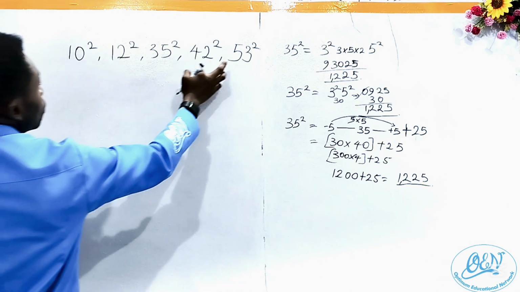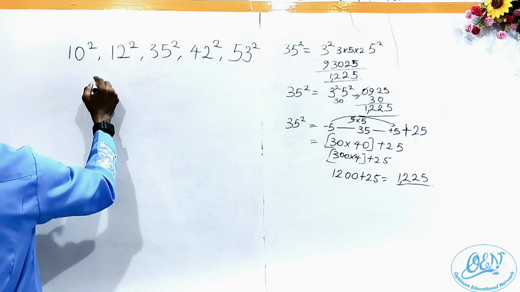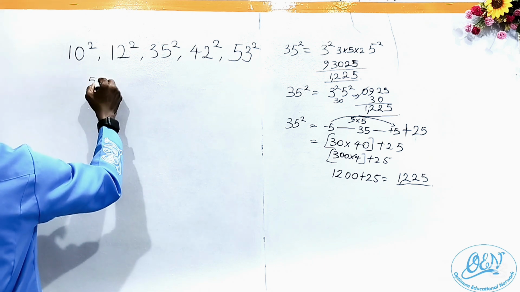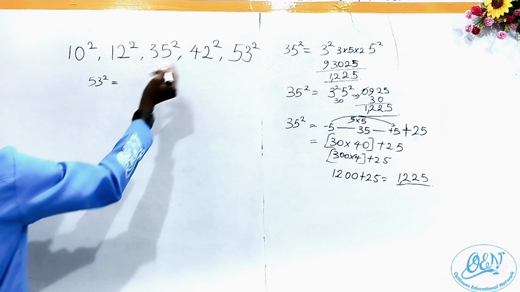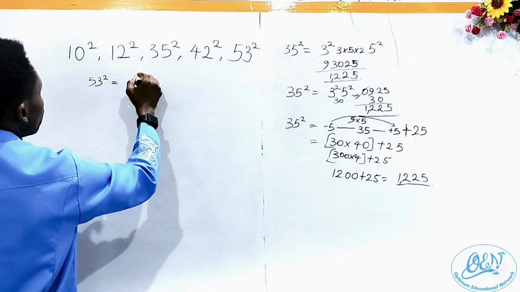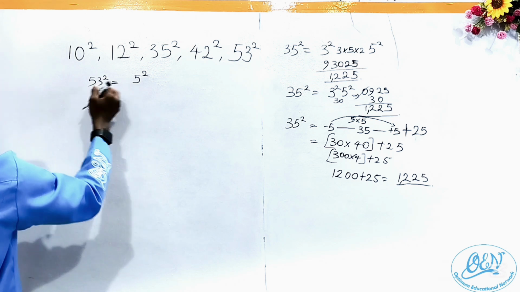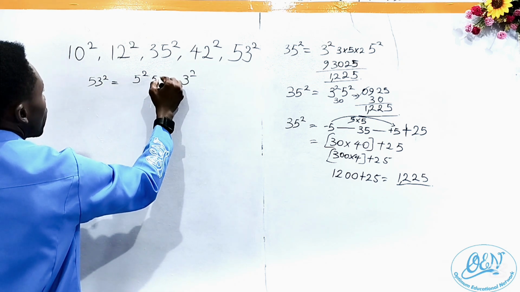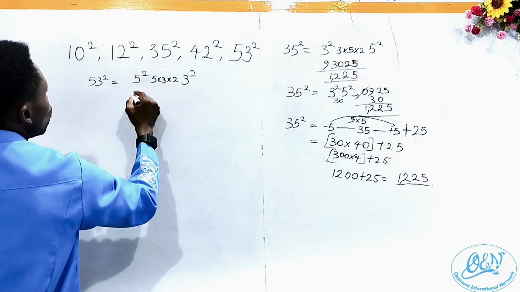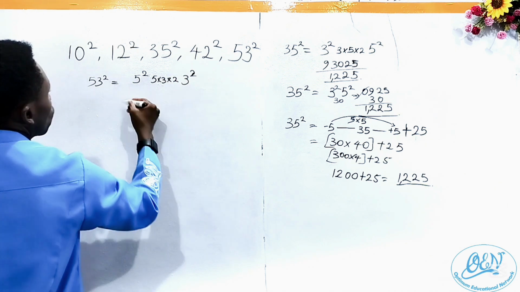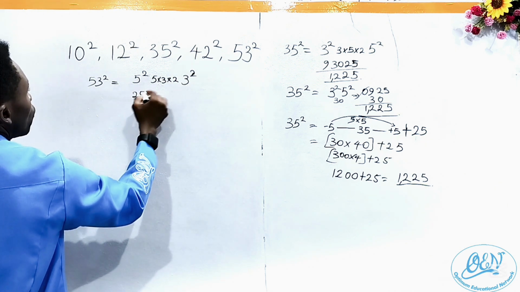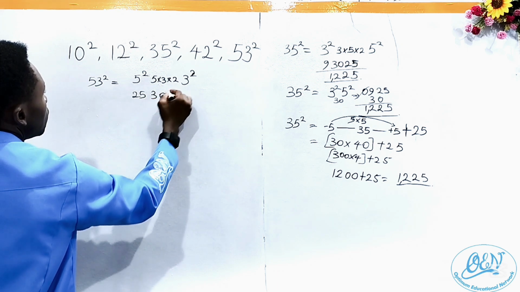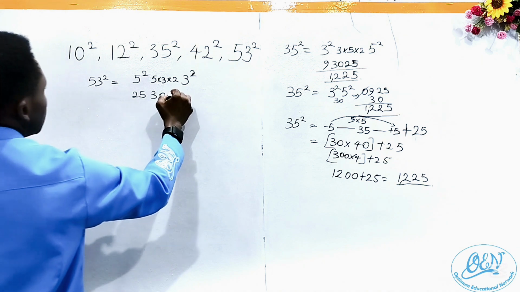So now I have 53 squared. Going by the first method we have 5 squared, 3 squared, 5 times 3 times 2. So this is going to give us 25, this is going to give us 30, and this is going to give us 9.